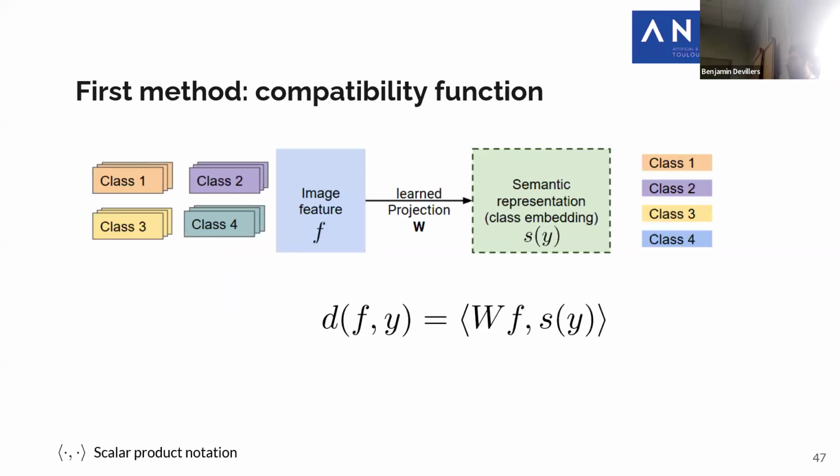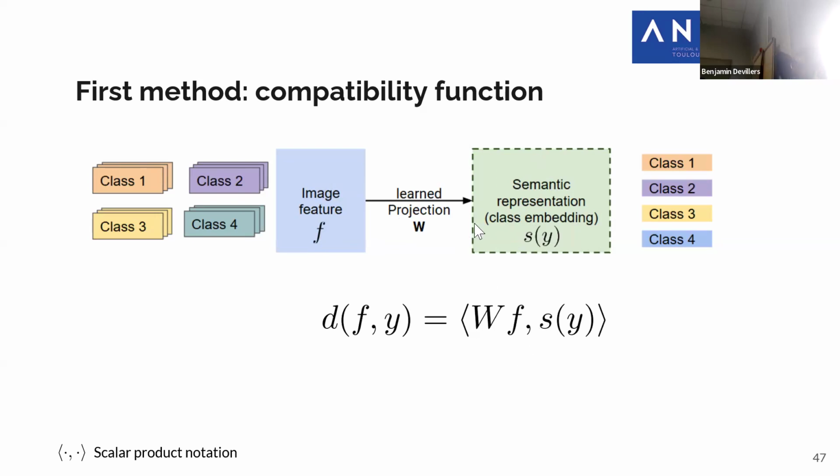And again, I've written that with a very funny notation here, which is a scalar product, a dot product. But this is our compatibility function again. It's just multiplication. We are projecting our image features towards the feature vectors, the semantic representation. And so to do that, we just do a basic multiplication by matrix.